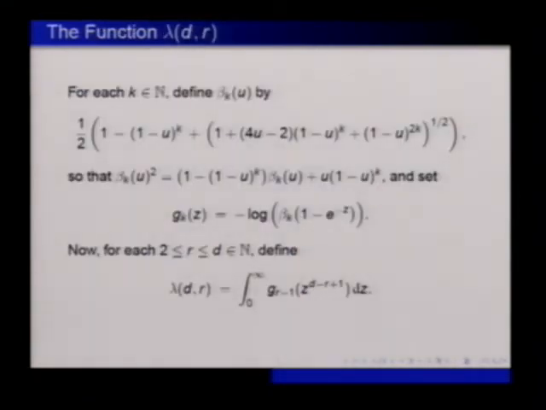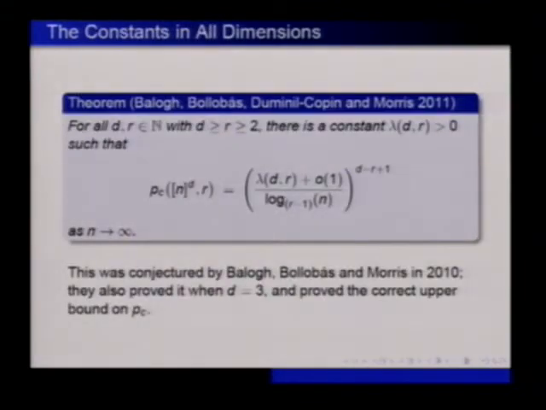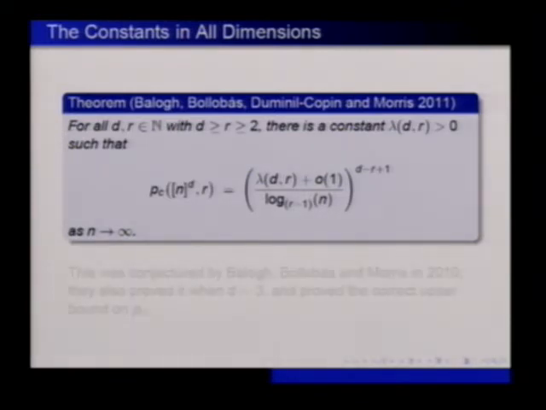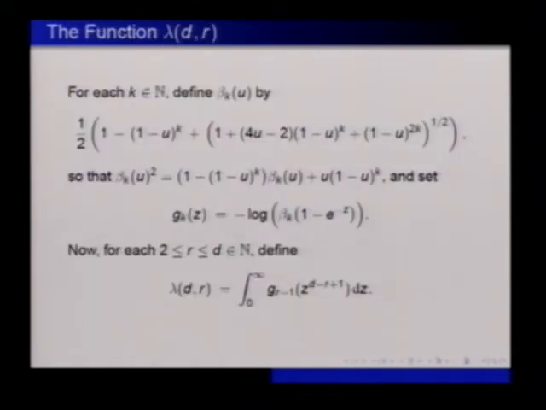And how is the constant determined? What is the constant? I'm just flashing it on the screen to say that it's not that the constant is 2, which is sort of all right, or E, but it's given by this process, or defined beta k u as this function, and then use that to define g k, and then take this integral, and that is lambda, which is our required constant.